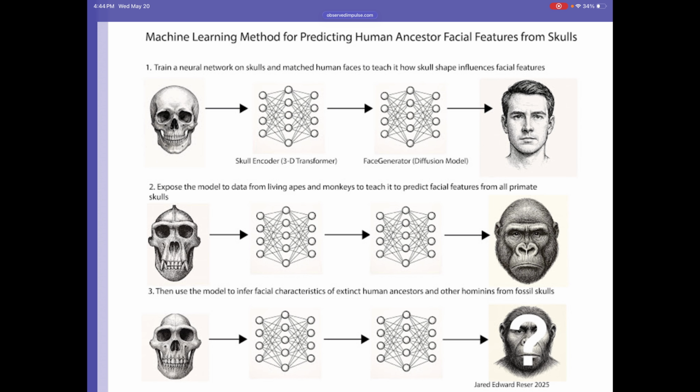And you're forcing these two different neural networks that may be pre-trained, a skull encoder, which could be a 3D transformer, and a face generator, such as a diffusion model, to link together and learn how to predict one number from the other number by giving it real data, right?